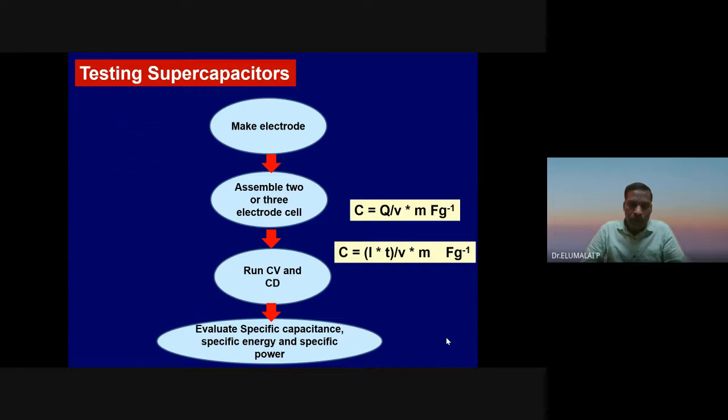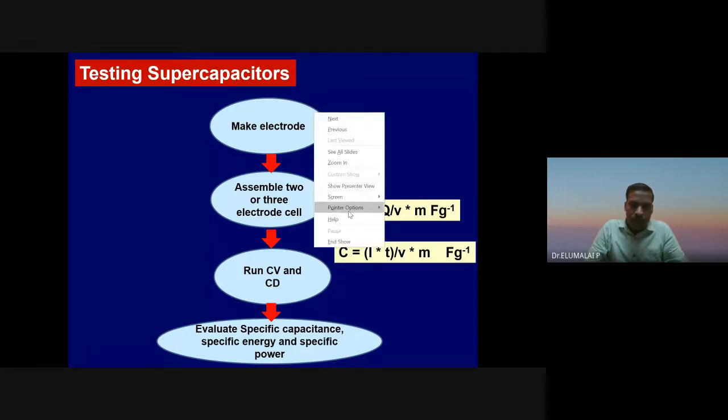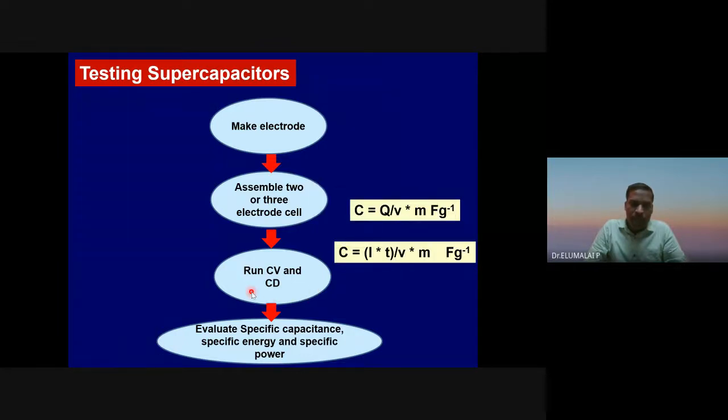Using this electrochemical cell which consists of 3 electrodes, you can do many fundamental measurements like cyclic voltammogram and charge discharge. If you do these 2 experiments, most of the parameters can be obtained. What are the parameters you can obtain? I have already shown, you can evaluate the capacitance or specific capacitance, gravimetric or volumetric.